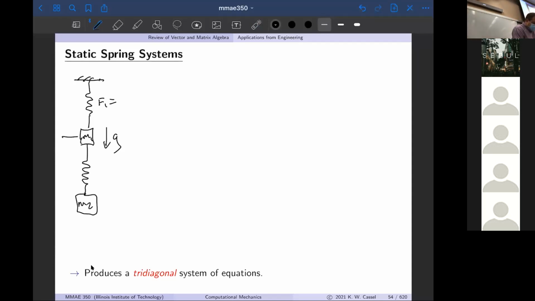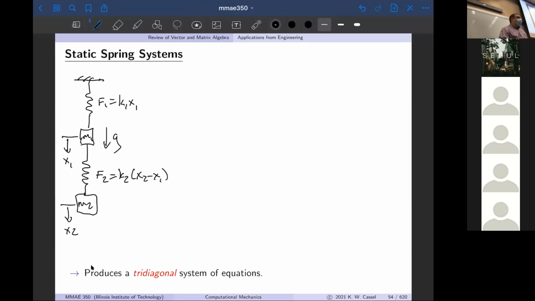So if I say this is X1 and this is X2 position, then this one's going to be K1 times X1. So the spring constant for that spring times the elongation of that spring, which is X1. Same thing for the second one. F2 will be its spring constant K2 times X2 minus X1.